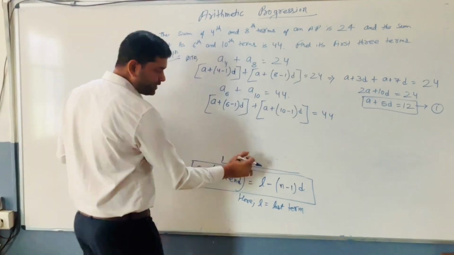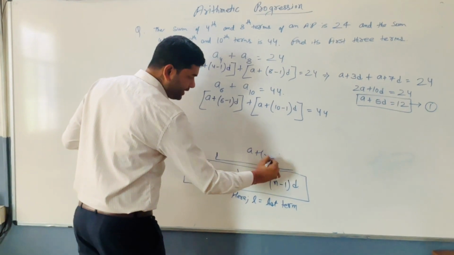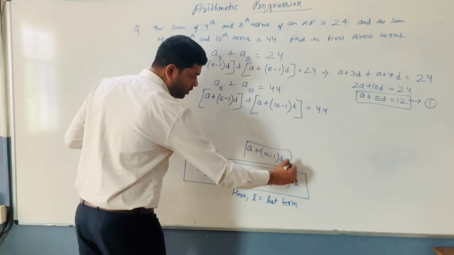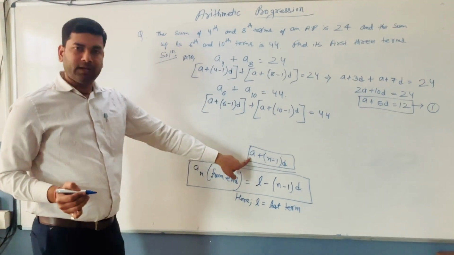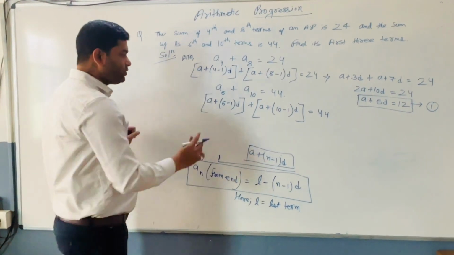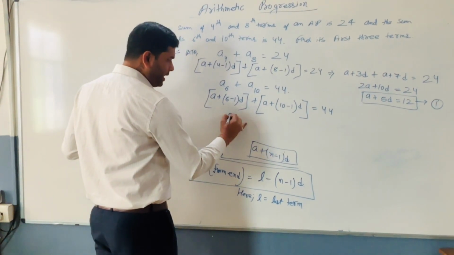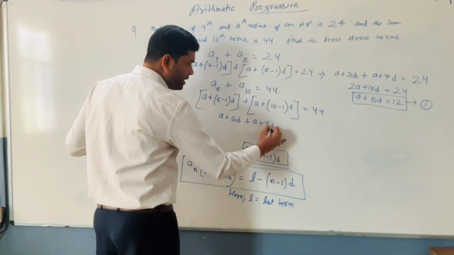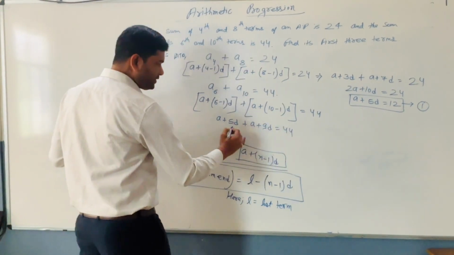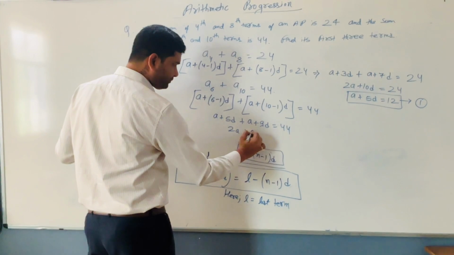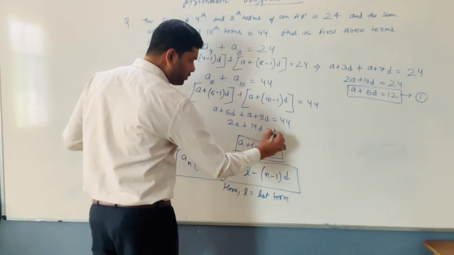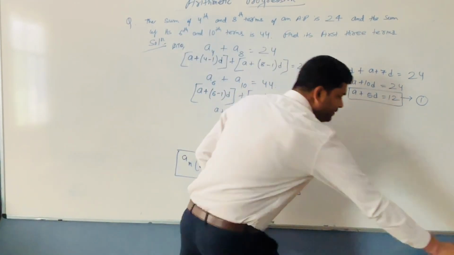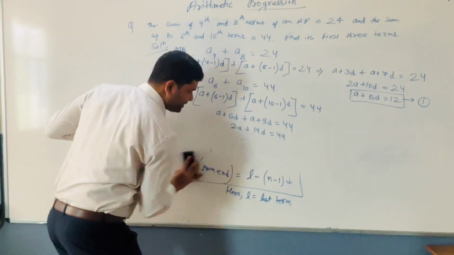This is the formula A plus n minus 1 times d, the very first formula of this chapter, for finding the nth term. So if you simplify them, what will you get? A plus 5d plus A plus 9d is equal to 44. If you simplify them, 2A plus 14d is equal to 44.